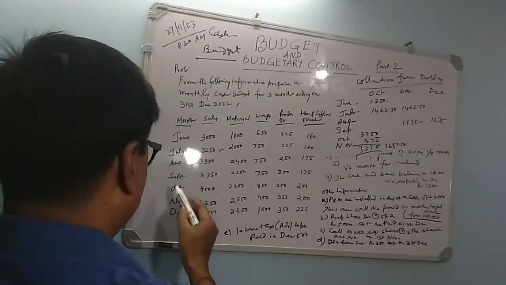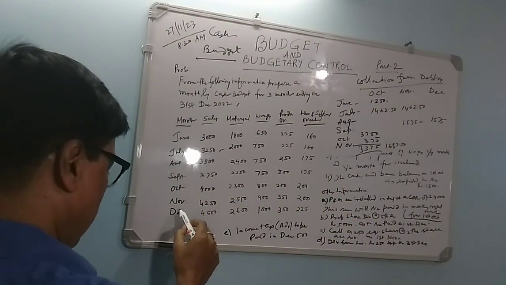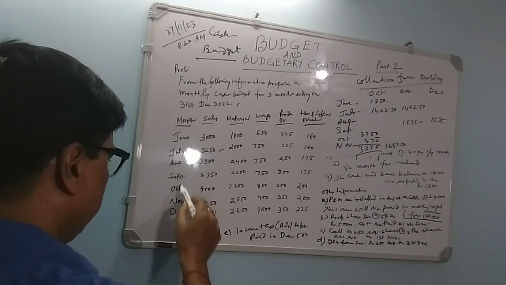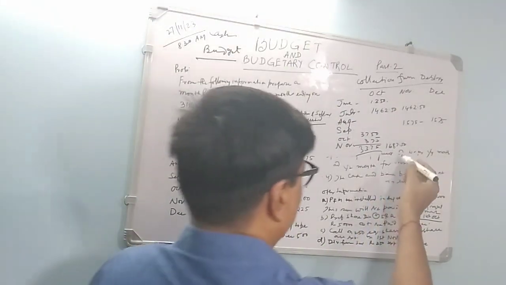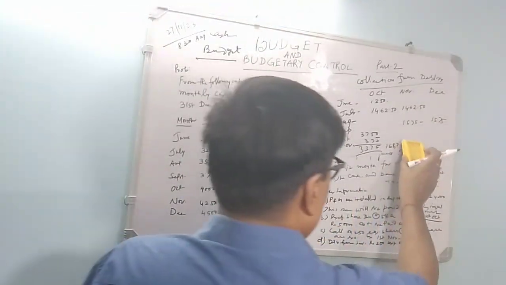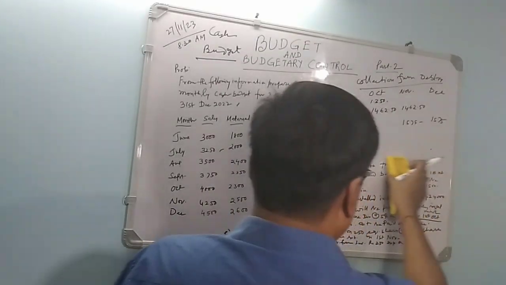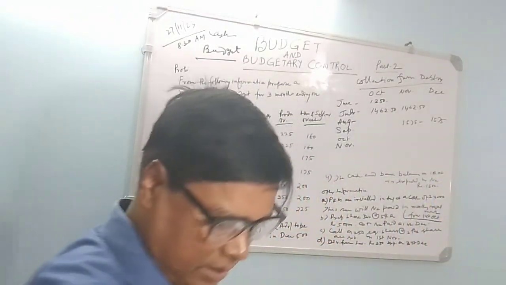So the September payment will come in November and December, 1687.50 each.